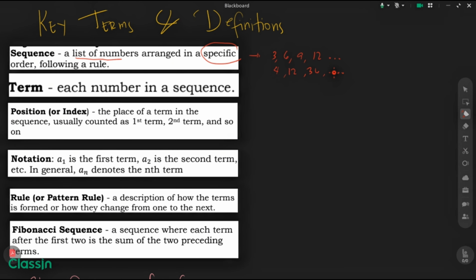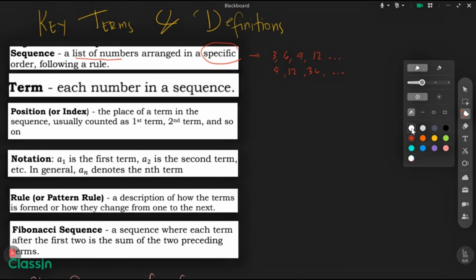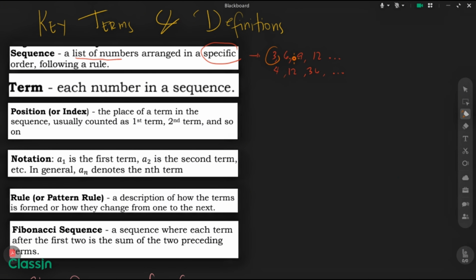For instance, we have here 3, 6, 9, 12. Those are the terms. Again, each number in a sequence is called a term.